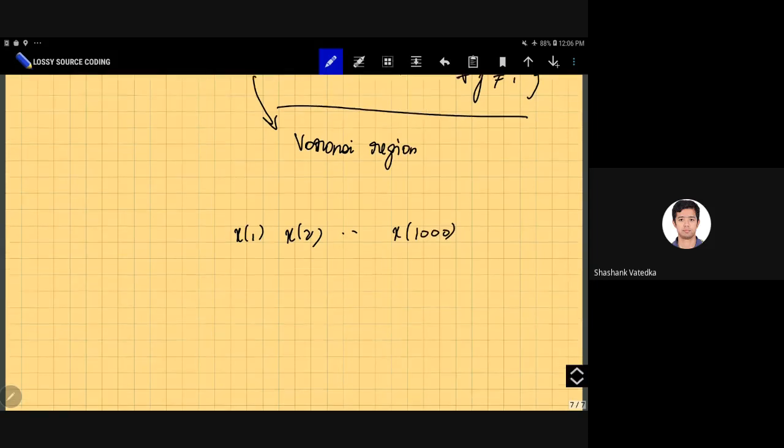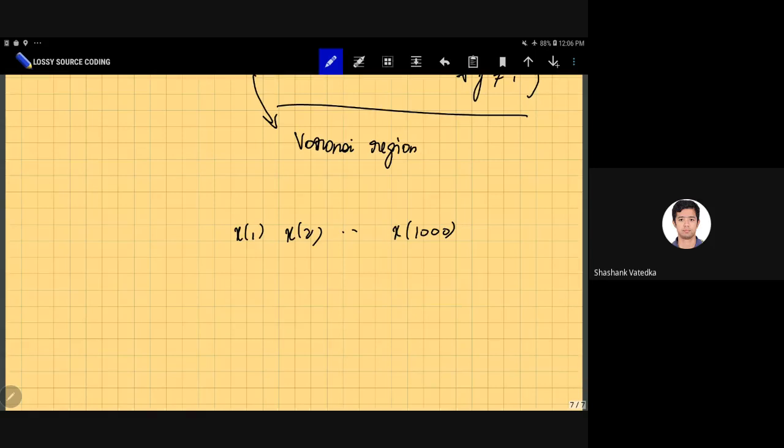So when designing the algorithm, you assume that x is random and then choose the levels and the thresholds so as to minimize expectation of x minus x hat squared.